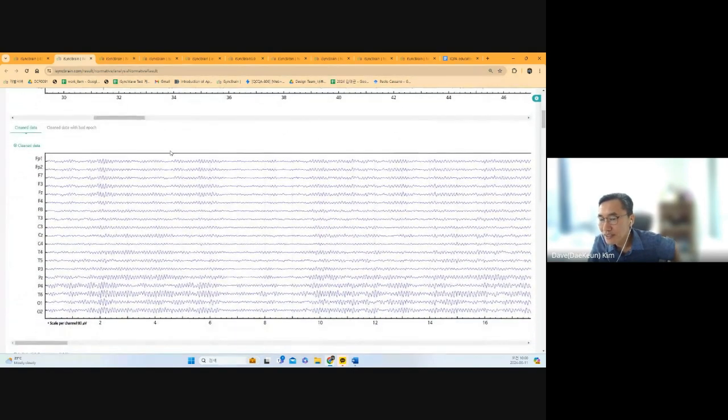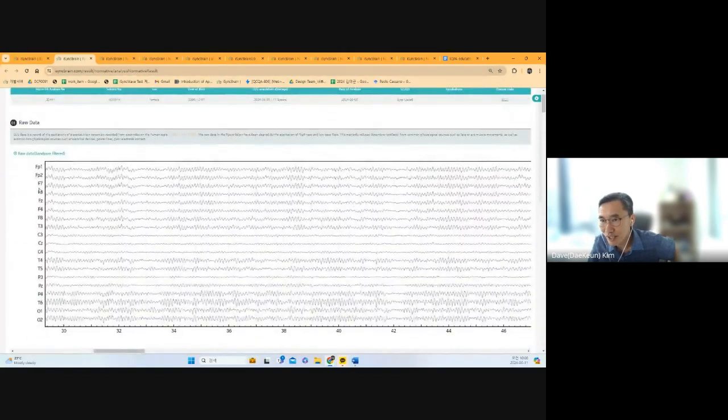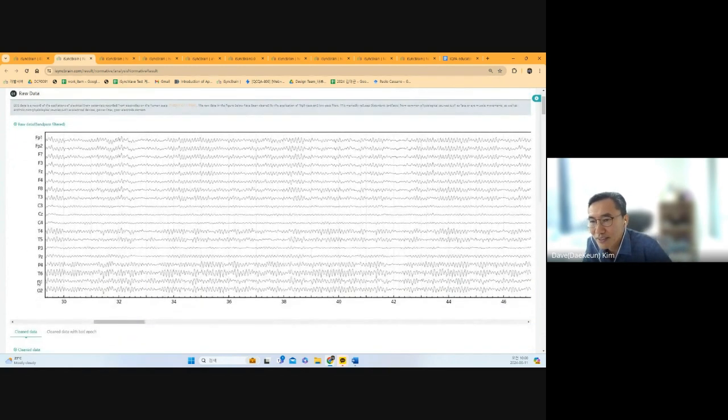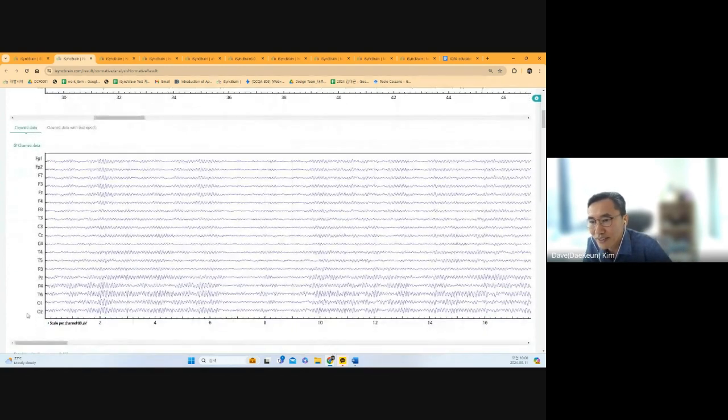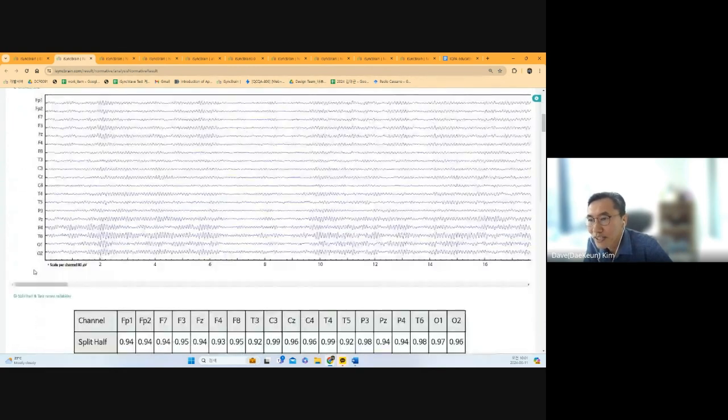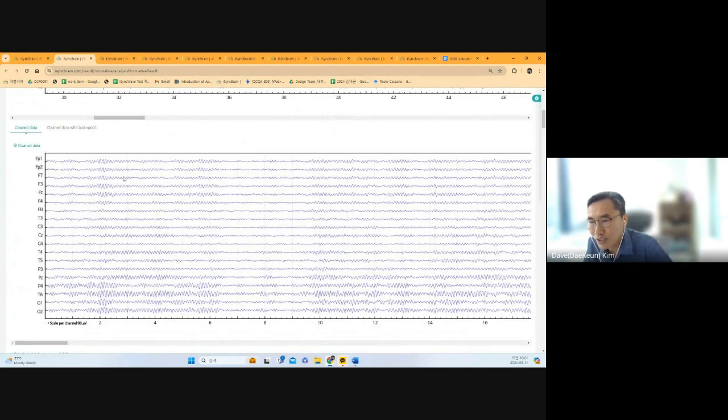In our iSyncBrain analysis, the raw data is the reference montage, and the clean data is the common average montage. The montage is different. In depression, we typically see the frontal activity is quite phase synchronized.